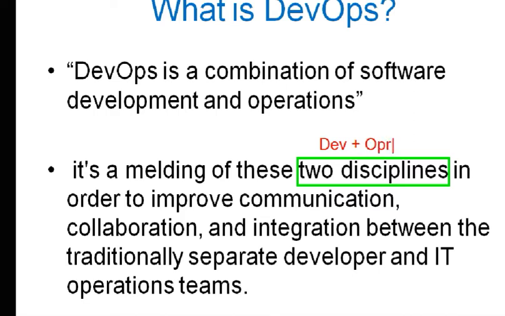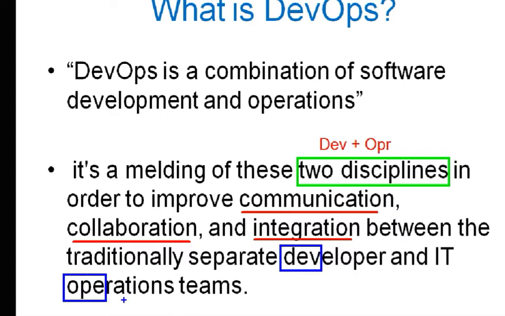DevOps is a combination of these two disciplines, development and operations, in order to improve communication, collaboration and integration between traditionally separate developer and operations teams.